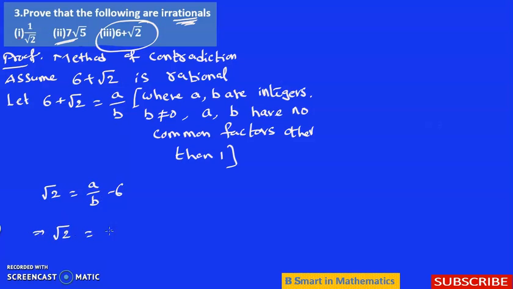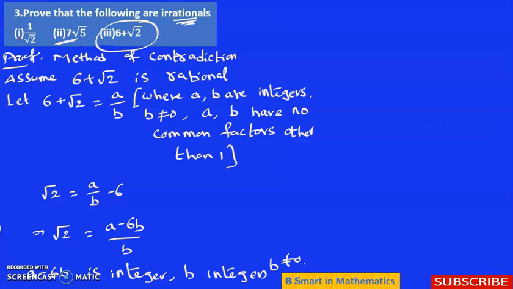So root 2 is equal to a minus 6b by b. We clearly know a is an integer and b is an integer, 6 is also an integer. So we have a minus 6b is an integer. Similarly, the denominator b is also an integer, and b is not equal to 0.